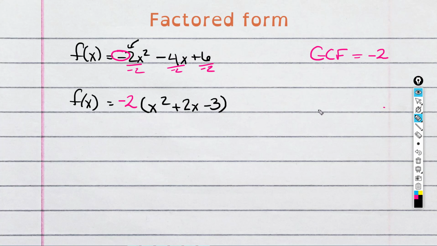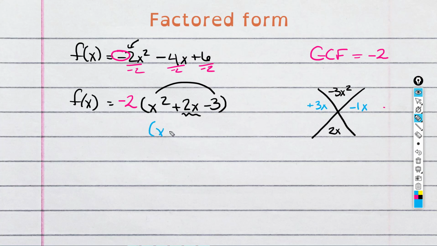And so the next thing we want to do is, you have a trinomial, so that means when you factor it, you take the top part, x squared, and the bottom is 2x for the middle. What can multiply to give me negative 3 and add to give me 2? That would be a positive 3x and a negative 1x.